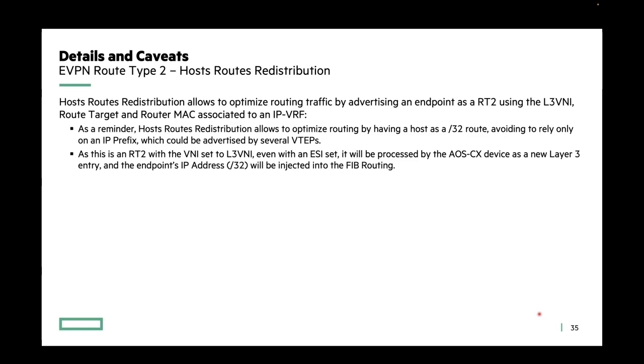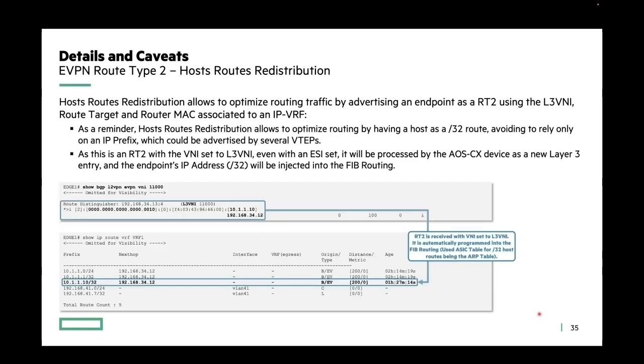So the goal here is to get a direct next hop for a given host. It will avoid sending the traffic to that host to a VTEP which doesn't have the host locally known. So in that case, there is no change. Even if we are talking about RT2, it is a MAC-IP RT2 with a VNI field set to layer 3 VNI, so it is automatically programmed into the FIB routing instead of the MAC table.